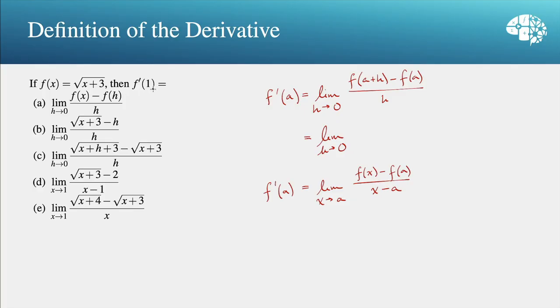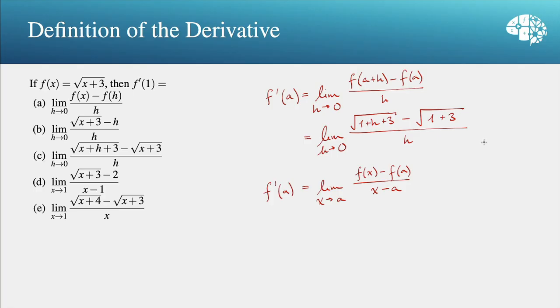So a is 1, and if f of x is square root of x plus 3, then f of a plus h is the square root of, a is 1, so 1 plus h, that's a plus h, and then plus 3. And then minus f of a, which is the square root of 1 plus 3, all over h.